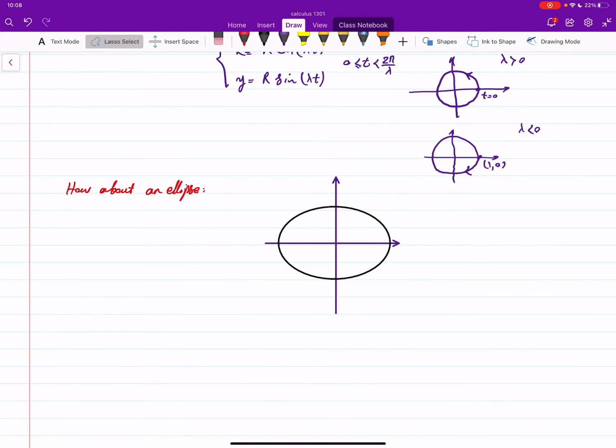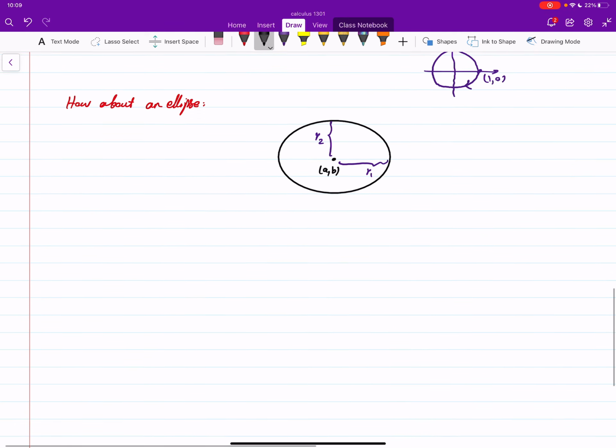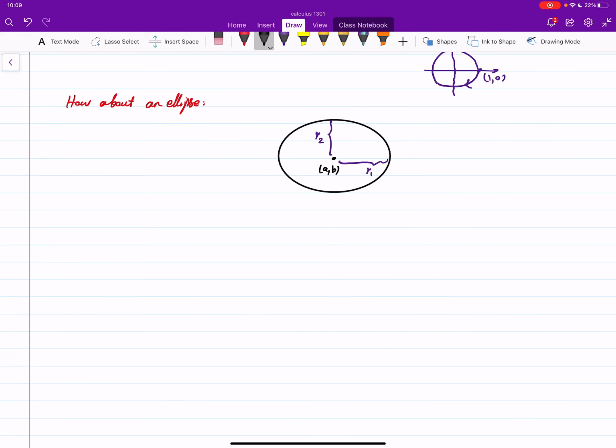So if the ellipse has x radius r1 and y radius r2, and the center is in general a, b, let me write the most general case, then remember that the Cartesian equation for this one will be x minus a divided by r1 squared plus y minus b divided by r2 squared is equal to 1.